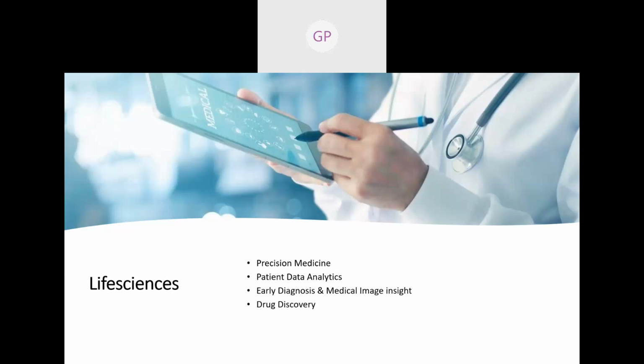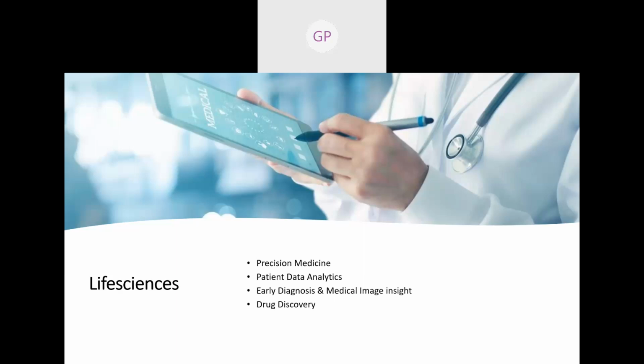All of this is part of precision medicine, which is a very important and upcoming use case in life sciences. Then there is a very generic use case, which is patient data analytics, to understand the data generated by a patient with the use of sensors, etc. Then there are early diagnosis and medical image insight and drug discovery.